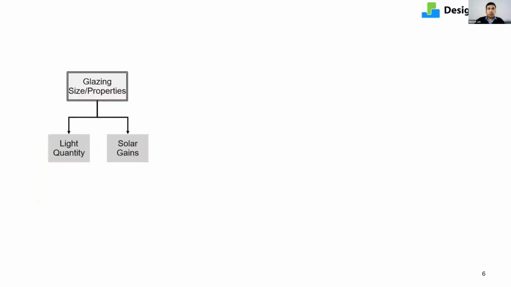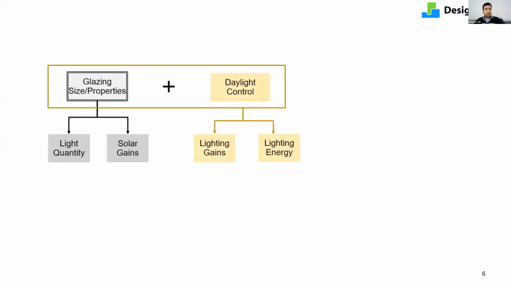So let's see, for example, if you have an option to change glazing size or properties of a window, that would first and foremost affect your lighting, the quality of light, and heat getting into the space. And then if you assume there is daylight control, those changes in glazing will also impact lighting energy use and the heat input into the space through lighting gains.